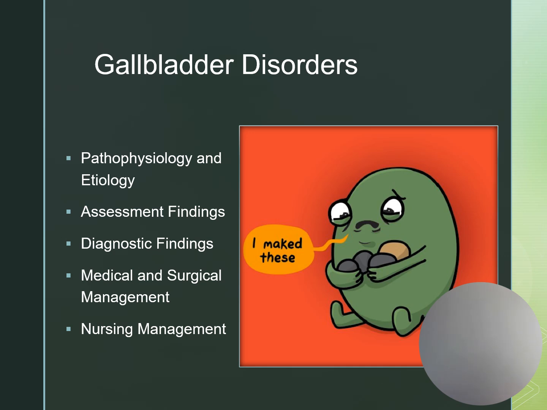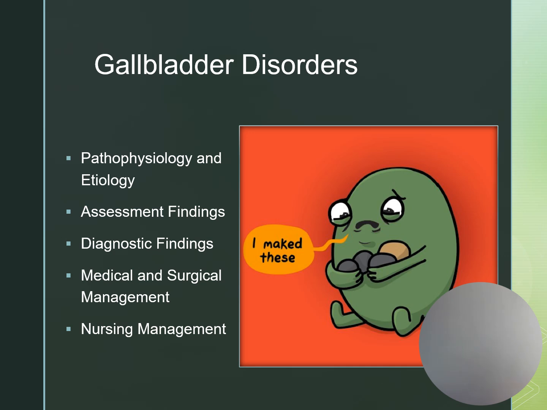Lithotripsy to help break up stones, a sphincterotomy, a laparoscopic or open cholecystectomy. A laparoscopic cholecystectomy is usually going to have approximately 5 small incisions on the abdomen for the insertion of the scope and the camera and the lights, etc., to help remove that gallbladder.